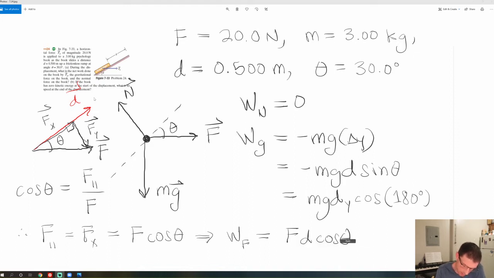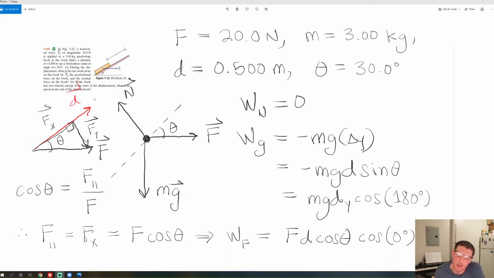cosine theta. And I don't have to put another trig term in here, right? I don't have to write cosine of anything now. Well, if I did, let me do that because maybe that would help. If I wanted to, what I would write is cosine of 0 degrees, right? But in practice, I would never do this because that's just 1.